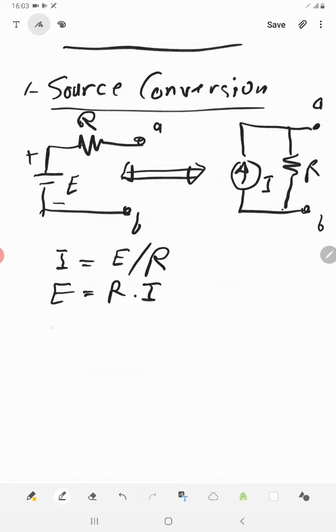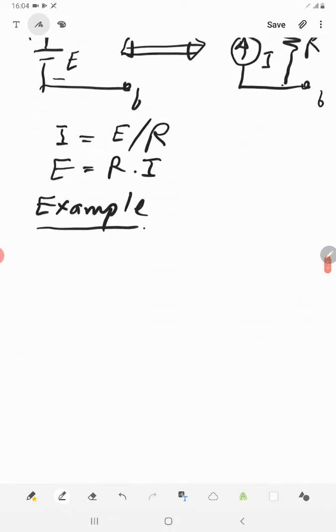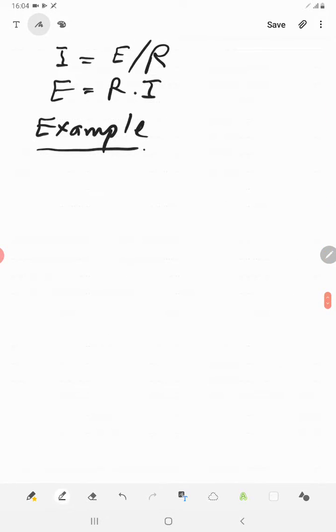Let's take an example. Let's assume that we have a resistance of 10 ohms in series with a voltage source, let's say 80 volts, okay?